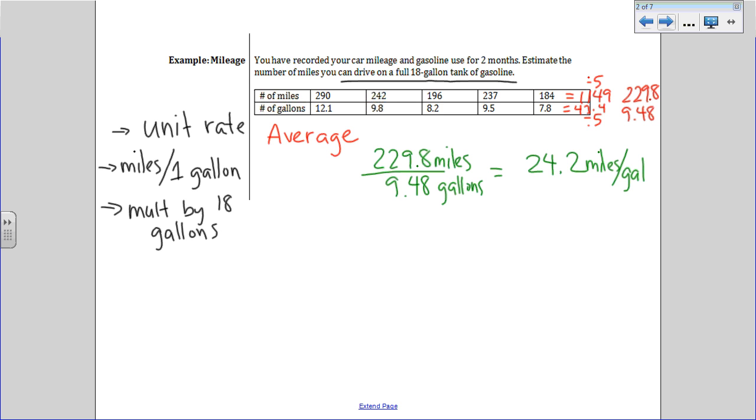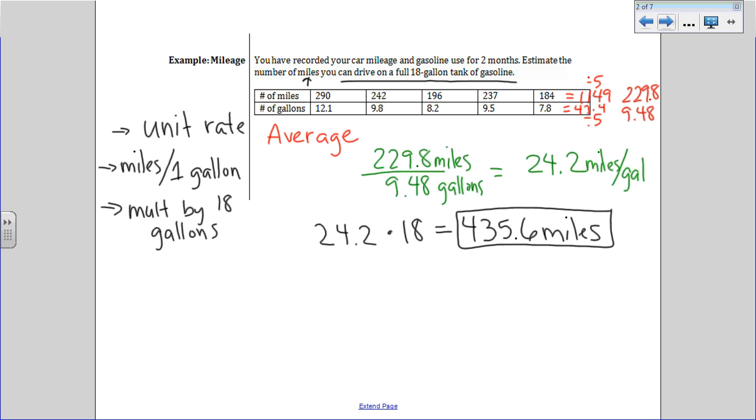So I'm going to take 24.2 and multiply it by 18. That gives me 435.6. We need to think about what our units are going to be. We were figuring how many miles. So for this one, it is just miles. It is no longer a unit rate.